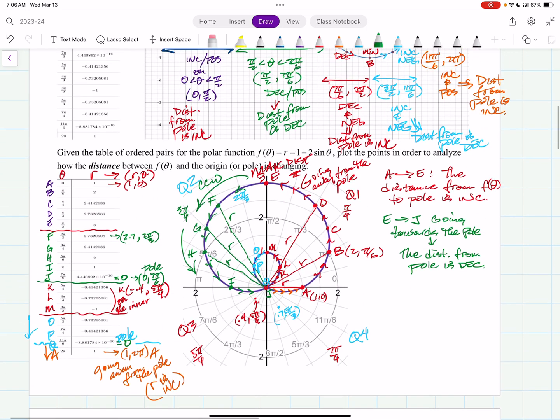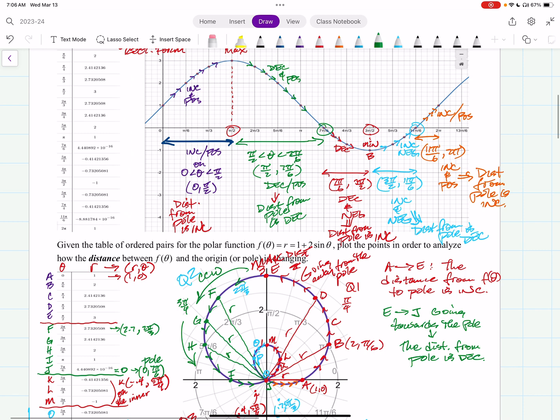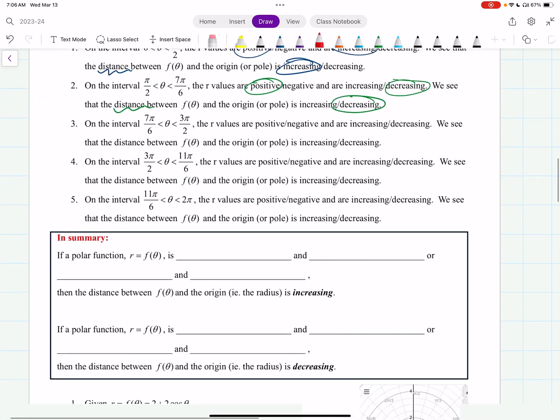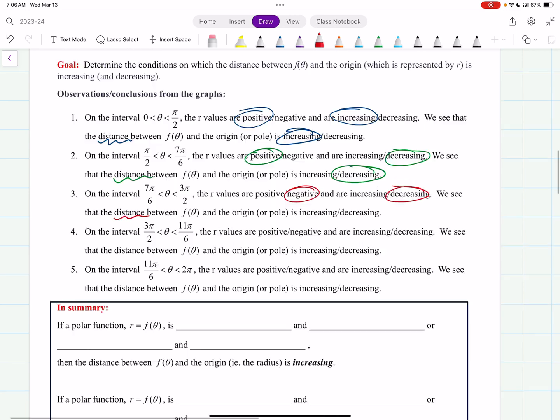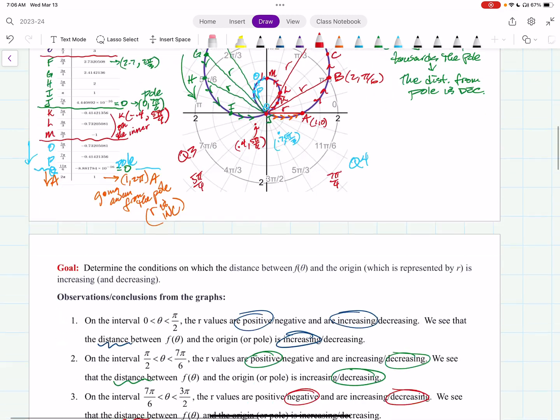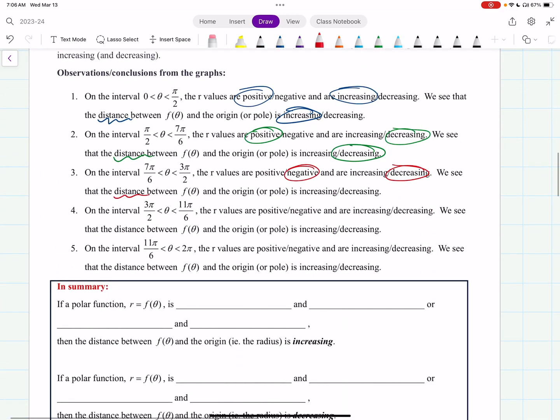Next interval, and this is in red now, third interval, we saw that the function was decreasing and negative, and the distance was increasing.